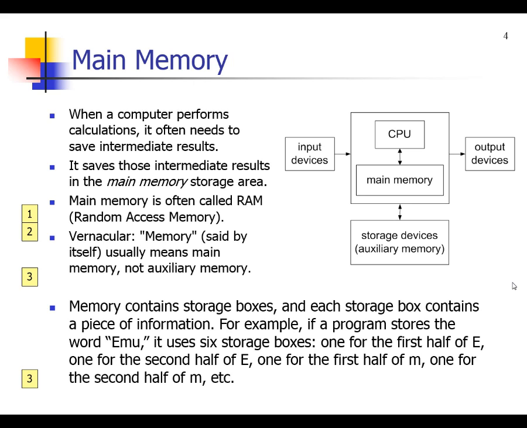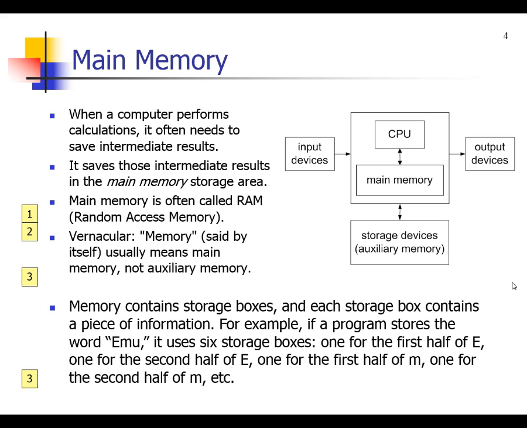All zeros would be 0. And so when you get to all ones, then you'd be 15, so that gives you your range of 16 values. And then this one would be 0, 1, 0, 1. So if I'm storing the letter E in binary, that's what it stores in RAM.